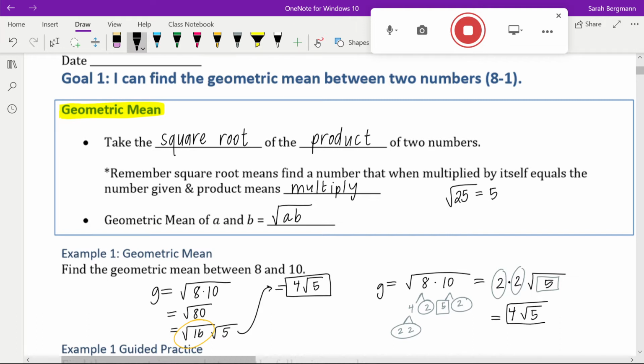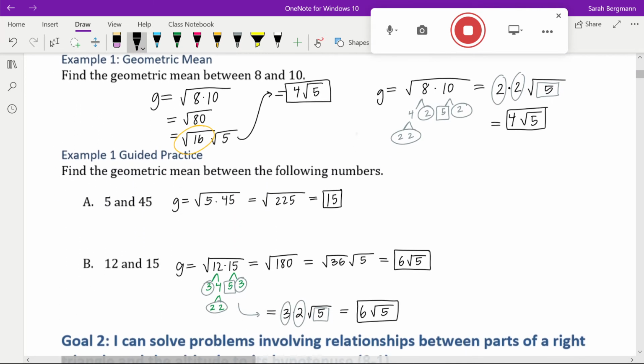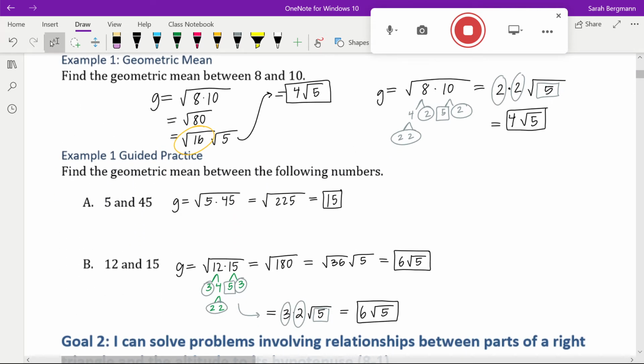So we get the same answer, 4 radical 5. Please pause the video and try the practice problems below. Here are the correct answers. The first one was nice because it was actually just a perfect square.